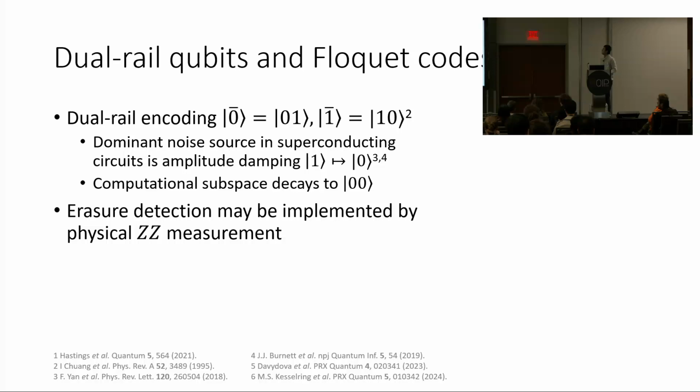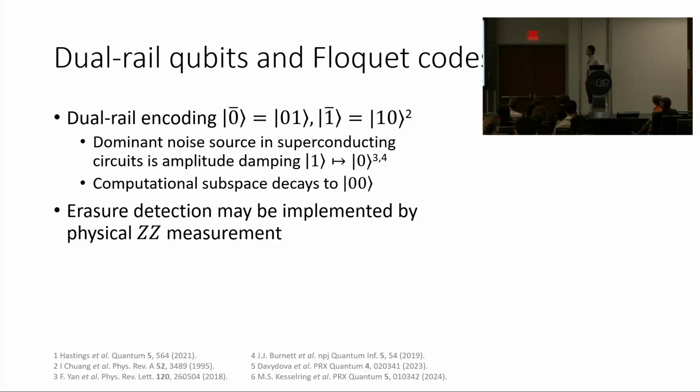OK, so now let me discuss a bit about how erasure qubits could possibly be implemented. One thing that we considered was dual rail superconducting architectures. In some superconducting architectures, the dominant noise source is amplitude damping, where the excited state 1 decays to the ground state 0.